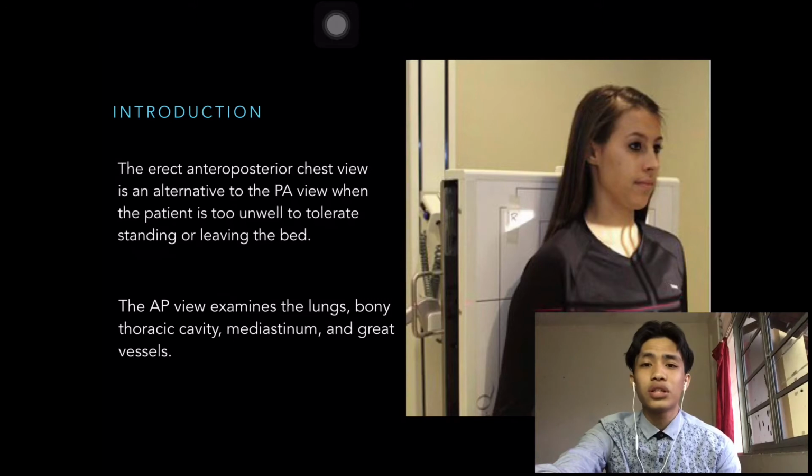So the introduction of the AP chest erect: the erect anterior posterior chest view is an alternative to the PA view when the patient is too unwell to tolerate standing or leaving the bed.